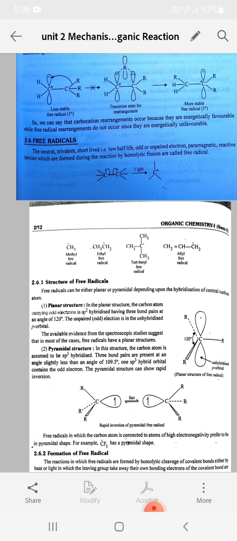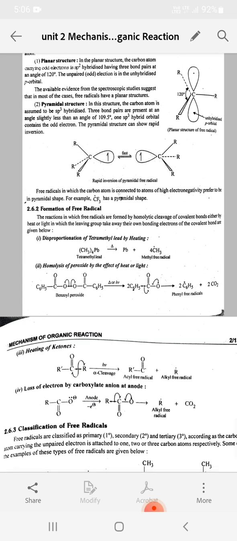First of all, the disproportionation of tetramethyl lead by heating. (CH3)4Pb, टेट्रामिथाइल लेड को हीट करेंगे, हमारे पास लेड मिलेगा और मिथाइल का फ्री रेडिकल हमारे पास होगा. अगर हम इसकी डिस्प्रपोर्शन के बारे में बात करते हैं तो हमें फ्री रेडिकल मिलेगा यहाँ पर.